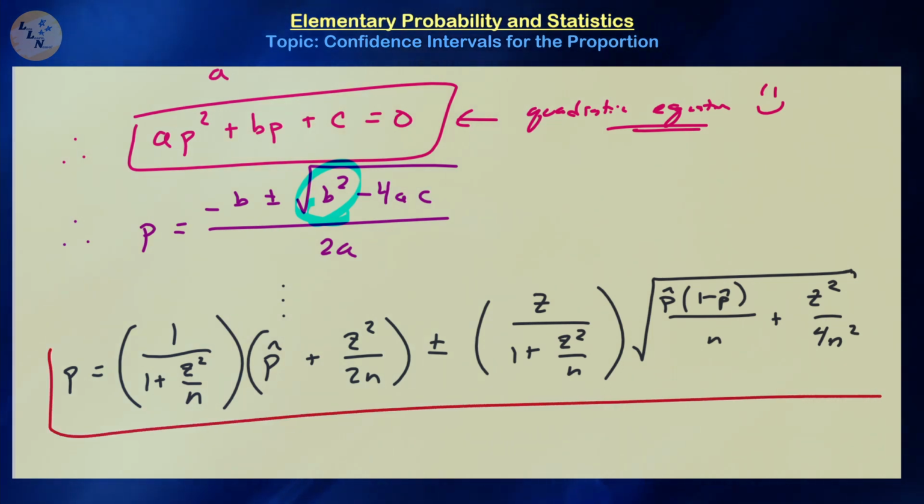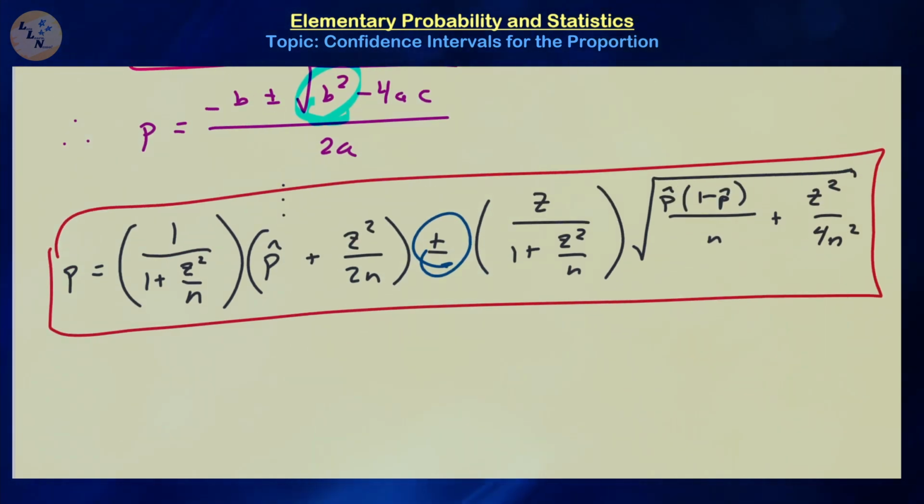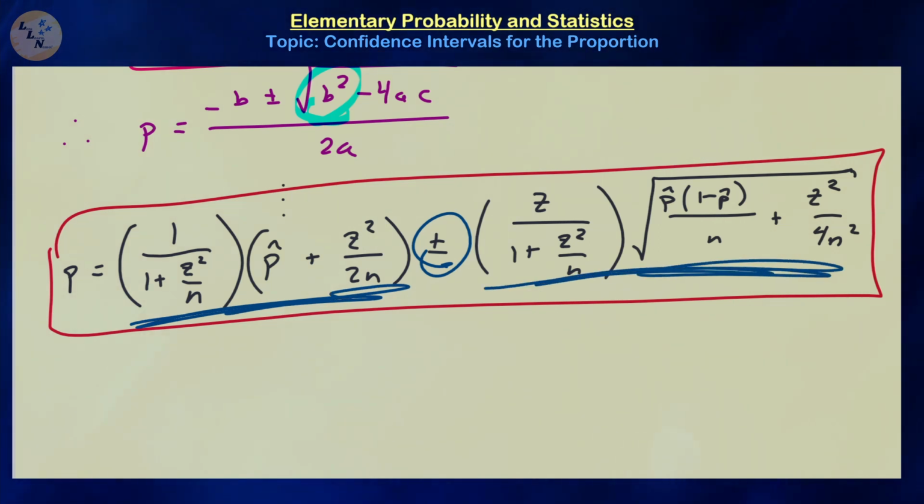Now that looks scary. But take a moment and actually look at what we have here. So we have a plus or minus, so technically we have almost like a confidence interval, right? Because we have sort of an estimate, p hat, plus or minus a margin of error of some sense. It's just not pretty, right?